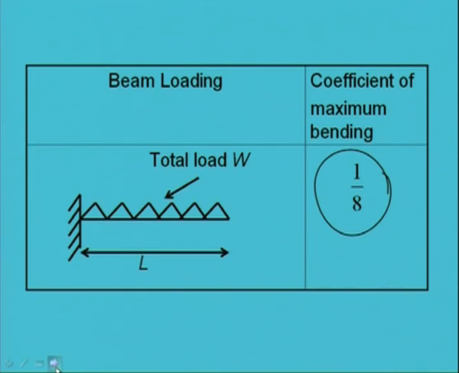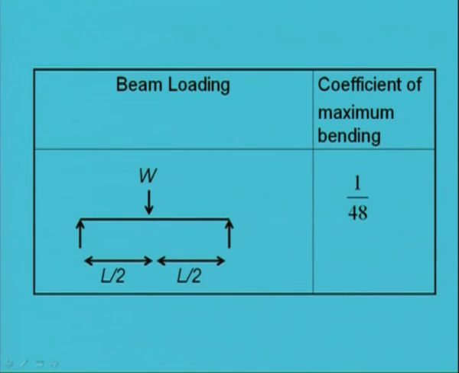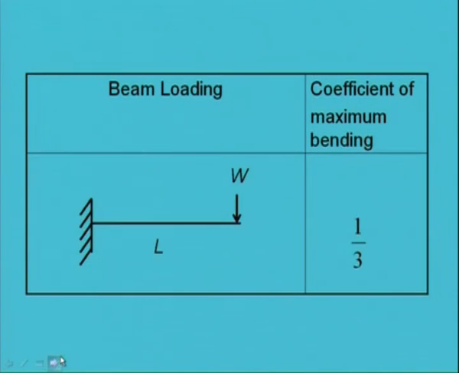And again, if the beam loading is like this, where the load is acting at the mid point of the beam section and the beam is under simply supported condition, then K will become 1 by 48. If it is a cantilever type with a concentrated load, then this will become 1/3, right.